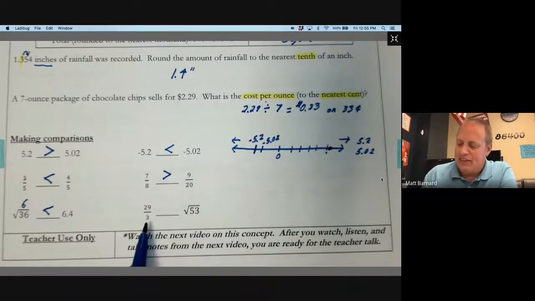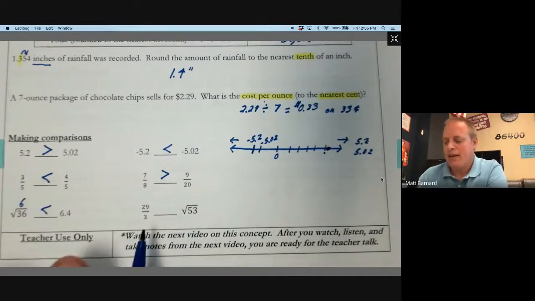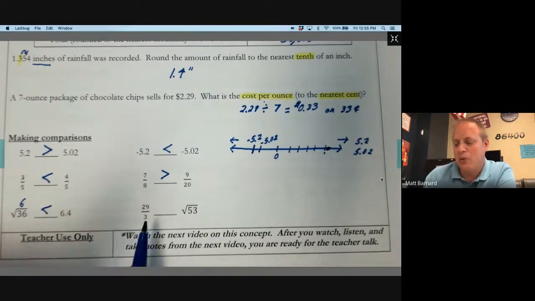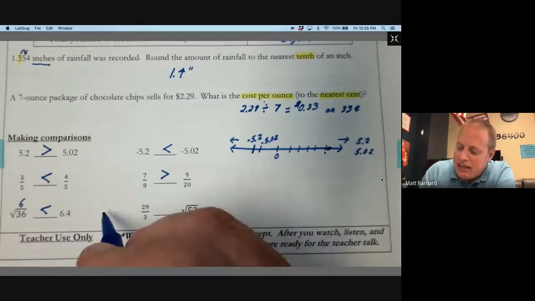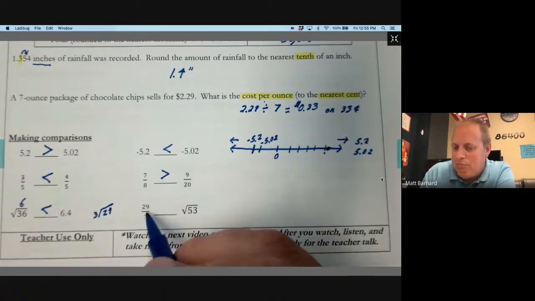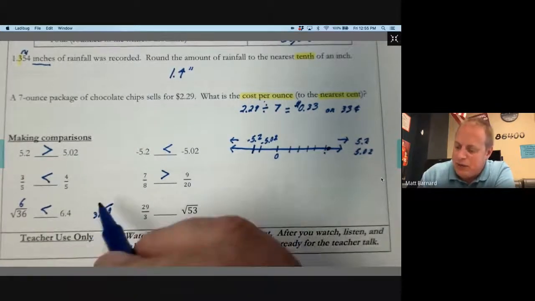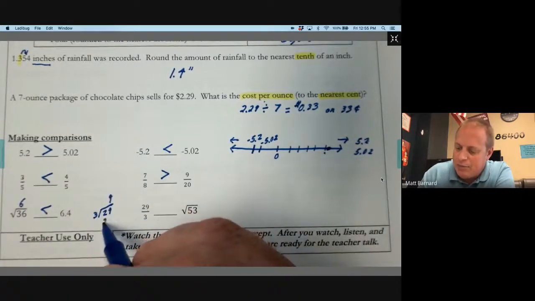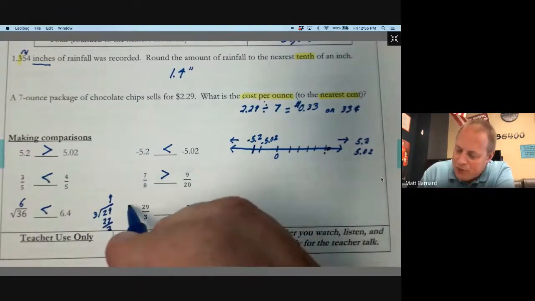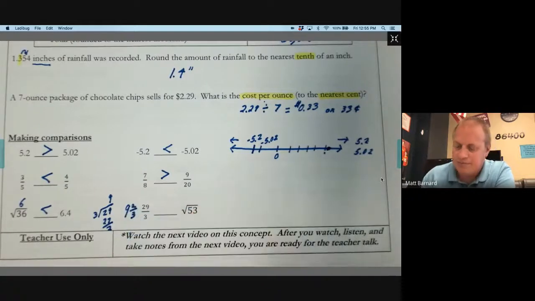Now, when we get into 29/3 and the square root of 53, one thing we can do is change 29/3 to a decimal, or we could take 29 and divide it by 3, because that bar means division. 3 will go into 29 9 times with 2 left over. So this is really 9 2/3.